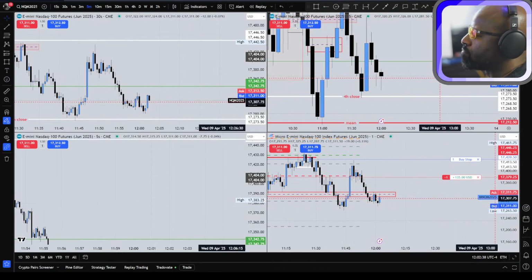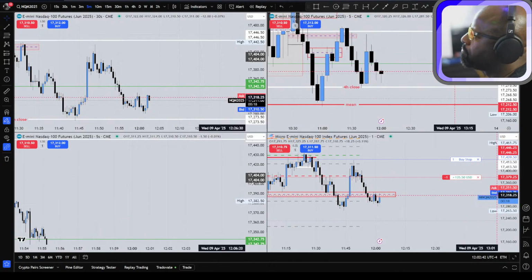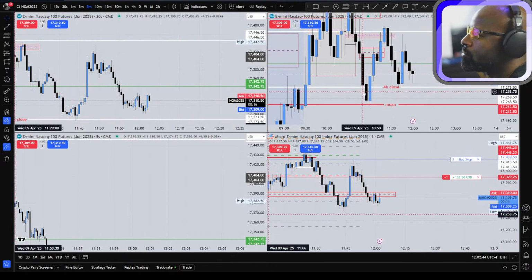In the 5 minute chart, we have an issue with this down close candle that I don't like. See this back and forth that we're doing here?